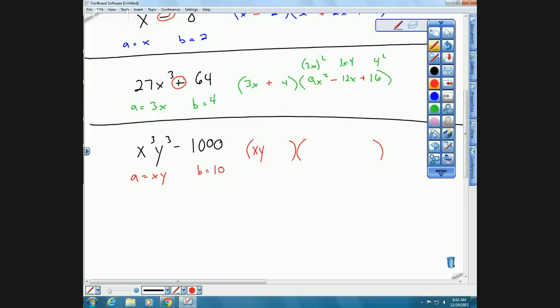So I do A and B. A squared is going to be x squared y squared, because xy times xy would be x squared y squared. B squared would be 100, right? 10 times 10. And then A times B in the middle would be 10xy. This is a minus. Same sign, opposite sign, plus sign.